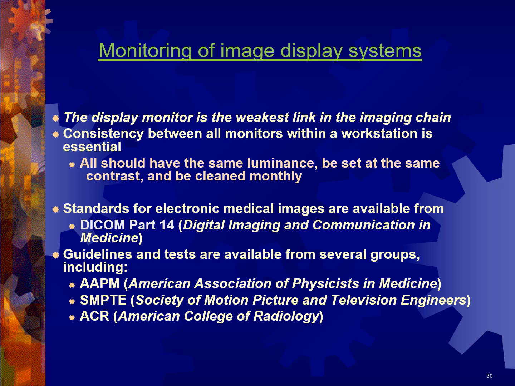Consistency between all monitors is essential. They all should have the same luminance, be set at the same contrast, and you should clean these things monthly. You clean an LCD screen with isopropyl alcohol. So an alcohol prep pad is a perfect cleaning tool for an LCD monitor.